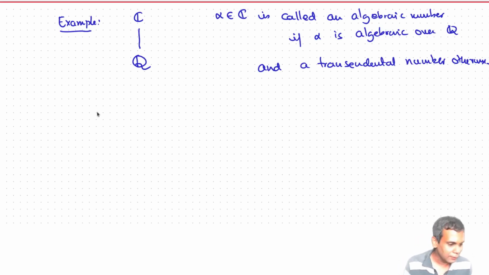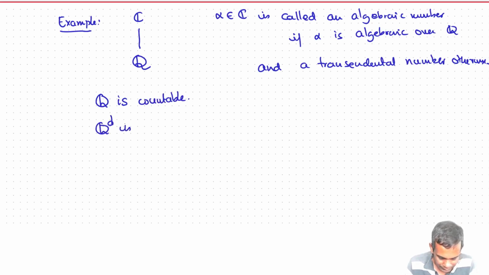How do you see that? Well, I'll just sketch the steps in the proof. So firstly, we start with the fact, which you all probably know, that Q, the set of rational numbers, is countable. Right? So that means that Q to the D is countable.